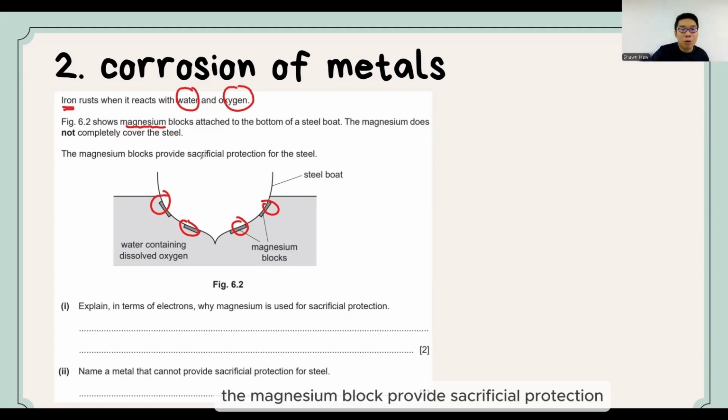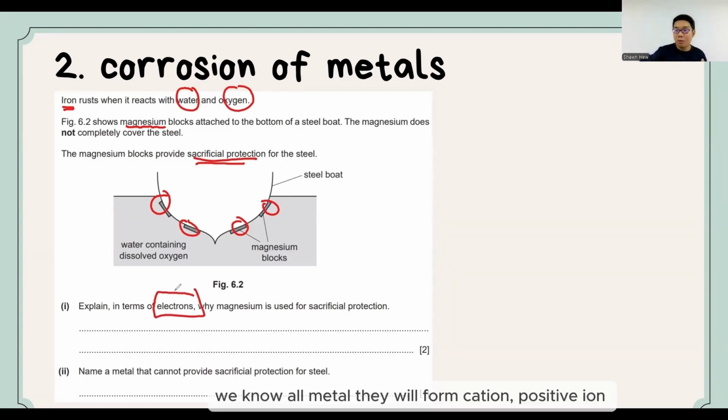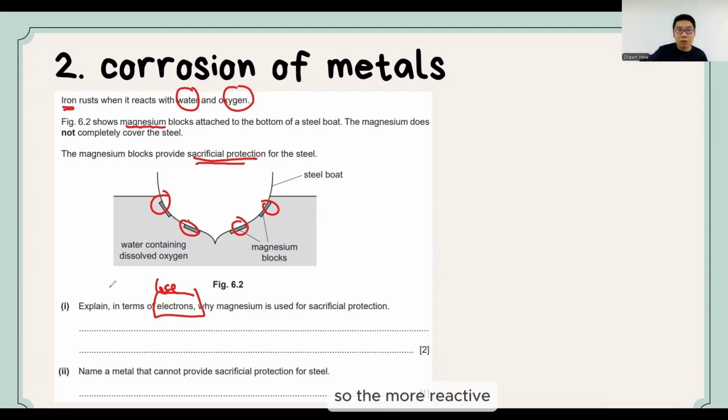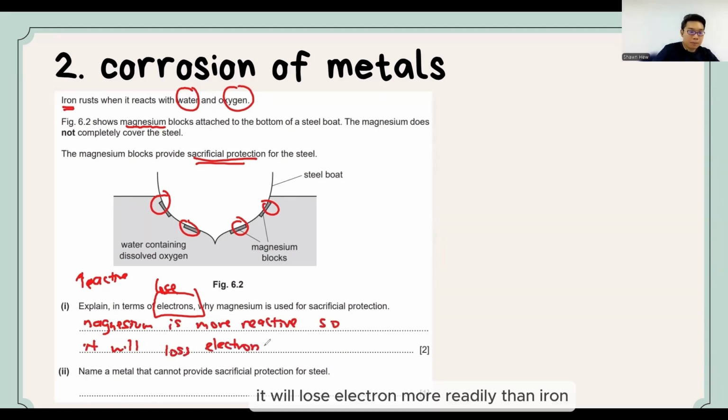The magnesium block provides sacrificial protection. Explain in terms of electrons. We know all metals form cations, positive ions, so they will lose electrons. The more reactive, the more readily they lose electrons. Magnesium is more reactive. It will lose electrons more readily than iron.